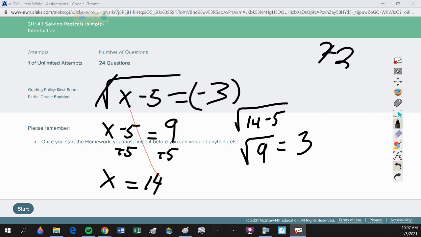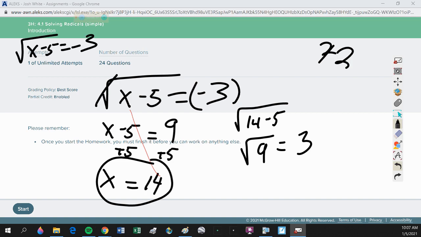It's not the same. So 14 did not work. Why not? And this is kind of tricky, but look at that original statement. The square root of x minus 5 is negative 3.